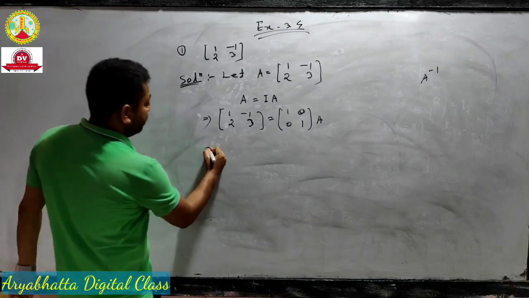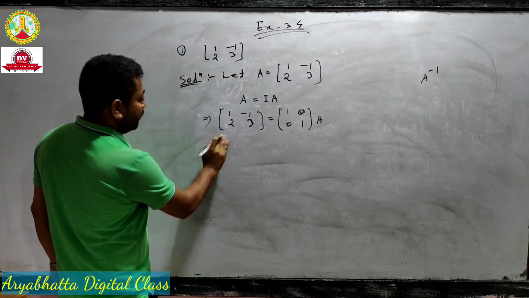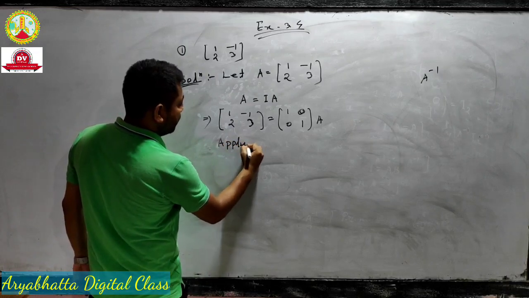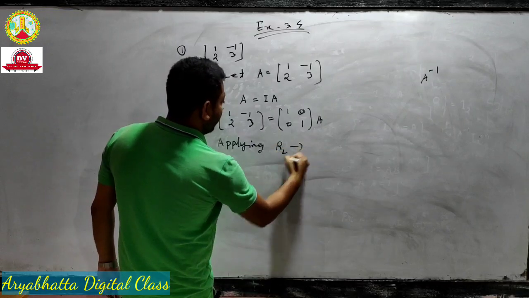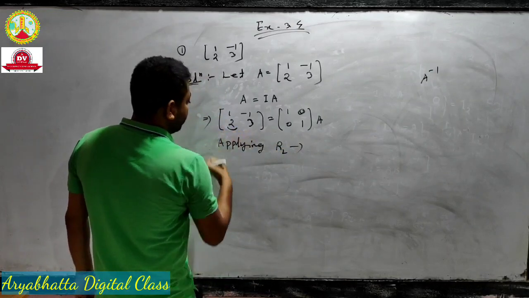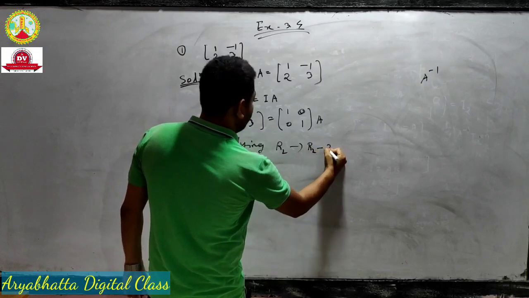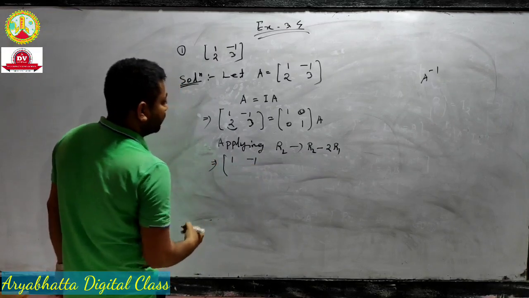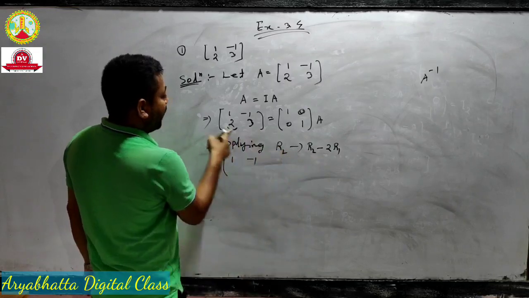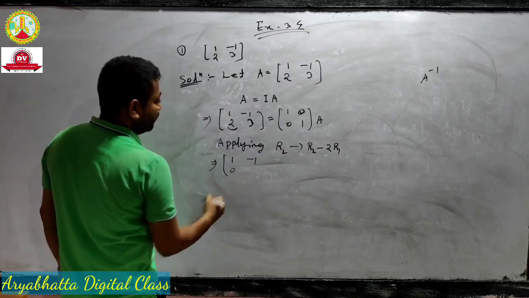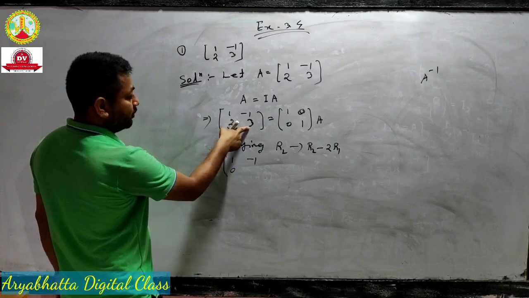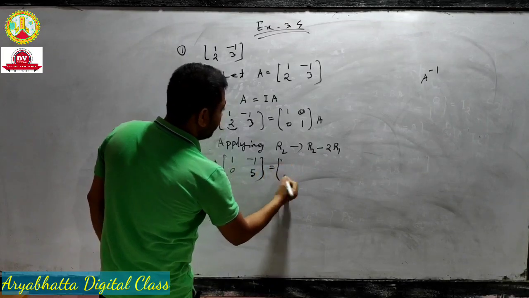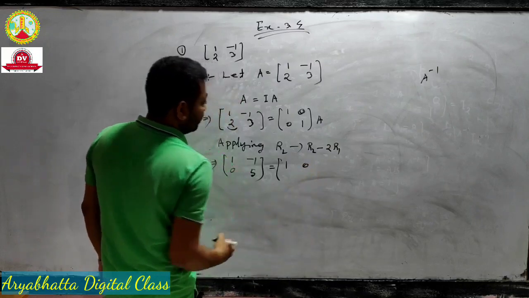Now we are applying R2 tends to R2 minus 2 R1, then we have [1 -1; 0 5] equal to [1 0; -2 1] into A. For the elements: 2 minus 2 into 1 is 0, 3 plus 2 is 5, and the first row does not change, 1 0.